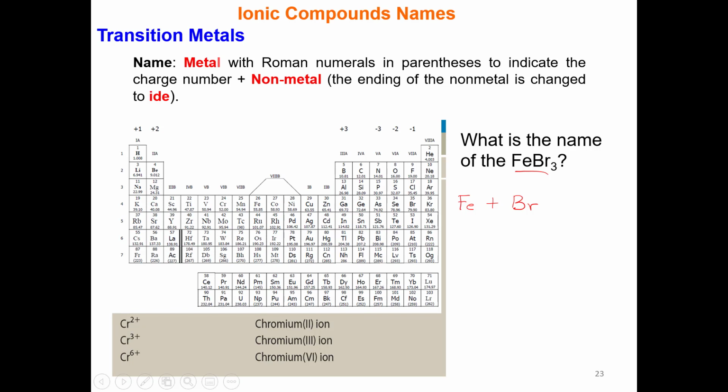Bromine is in group 7, and we know bromine must be -1. Yes, bromine has 7 electrons in the last shell, gains 1 electron and became -1. But you don't need to do this, you just have the charges here, and now you understand why we had -1. And we know that bromine is -1.